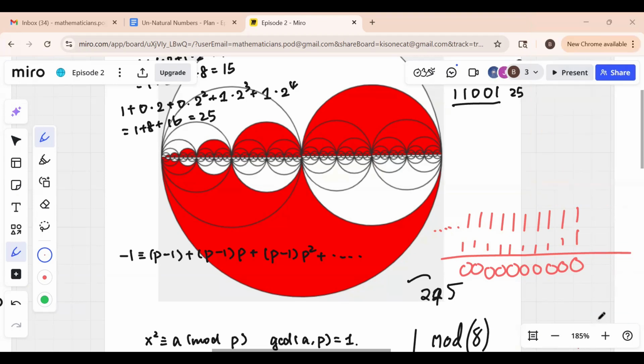For example, like the p-adic integers, for the positive integers, we can write them in binary form, the normal way.